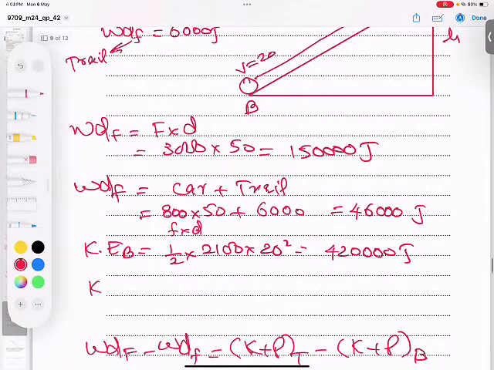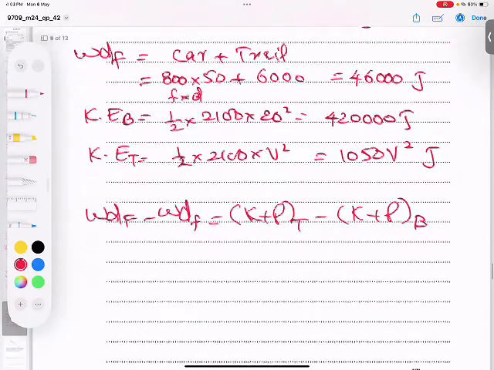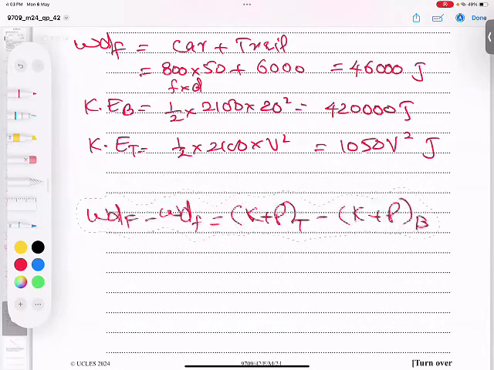And what is kinetic energy at the top? That is the target to find. I don't know V. Sorry, this is 2,100, not 1,200. So 2,100 divided by 2, and I got 1050 V square joules.